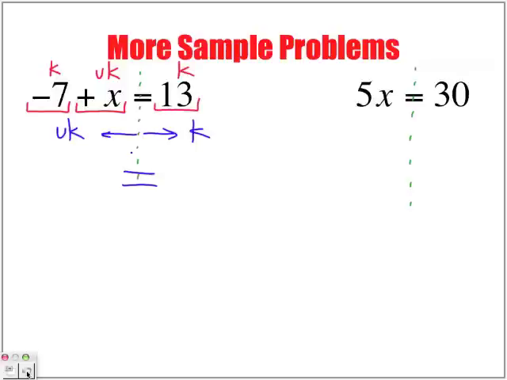So what we're going to do is collect the unknown values here on the left side. So let's look at this -7, a known value. Is it on the correct side? No. We need to move it to the other side. So when we move a -7 to the other side, it becomes a positive 7. This positive x doesn't change. It stays where it is.